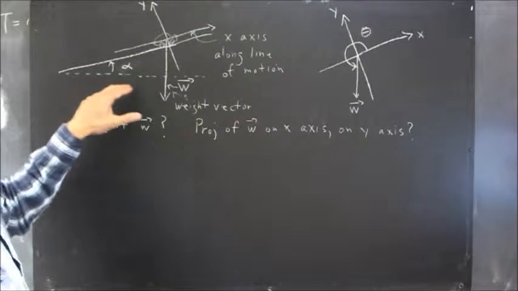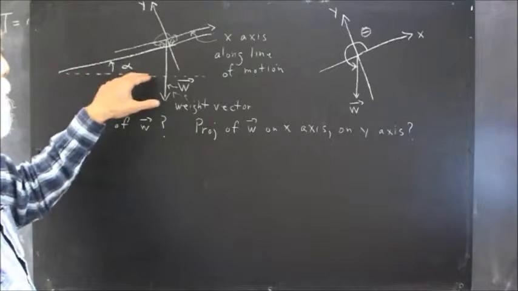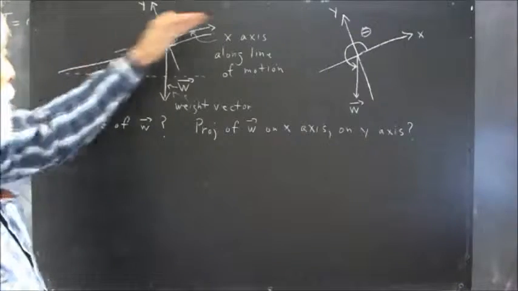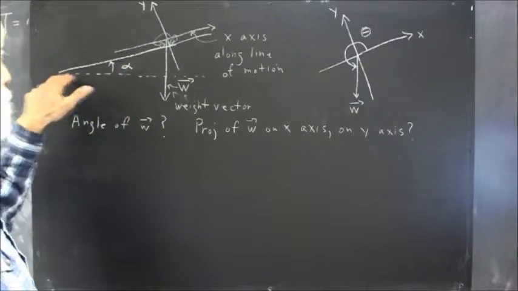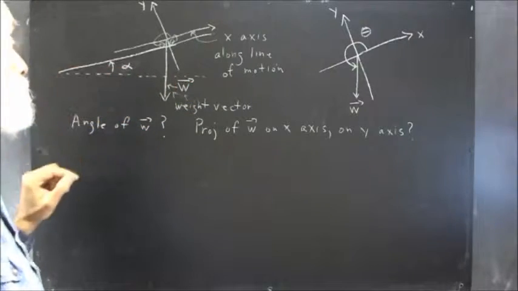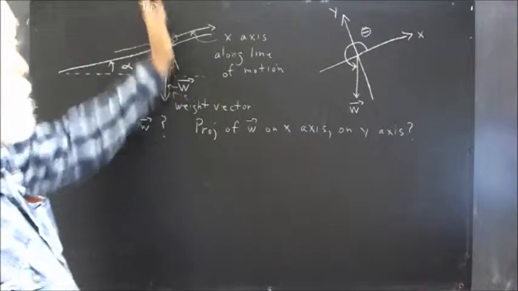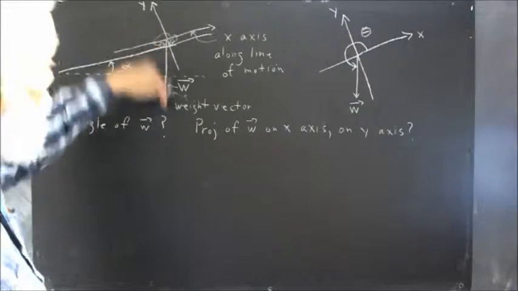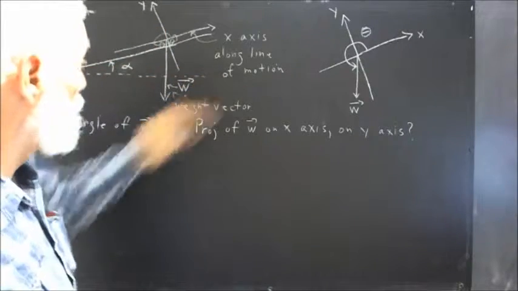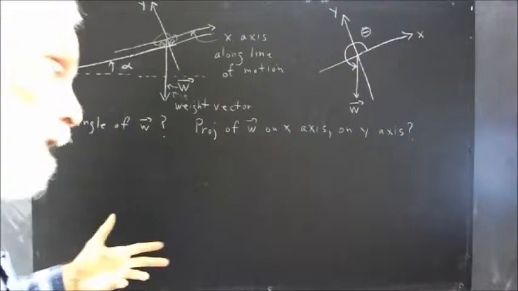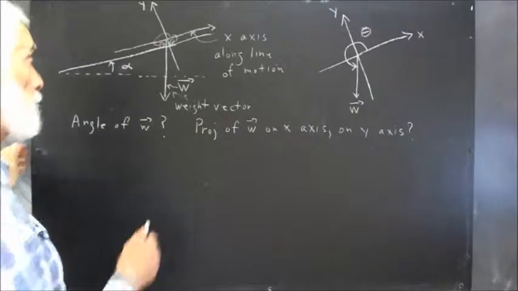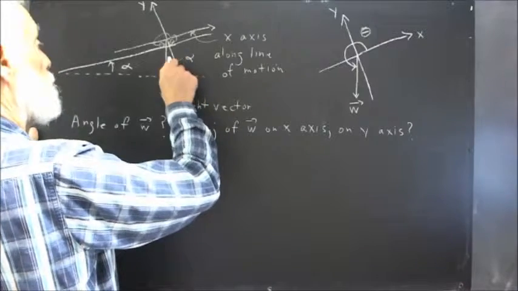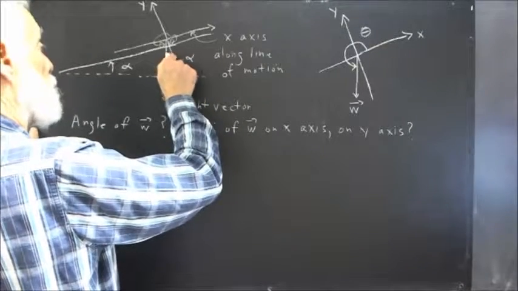Okay, so what do we know? The angle made by the x-axis with respect to the horizontal is alpha. The y-axis is perpendicular to the x-axis. The weight vector is perpendicular to the horizontal, and it follows that you should be able to construct that the angle alpha also occurs here.